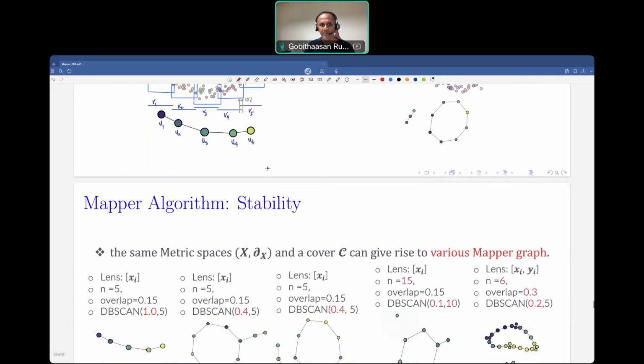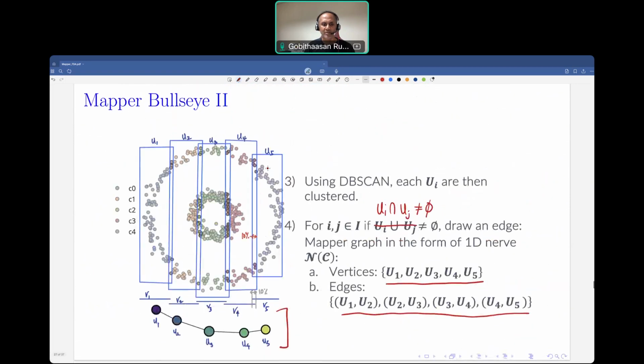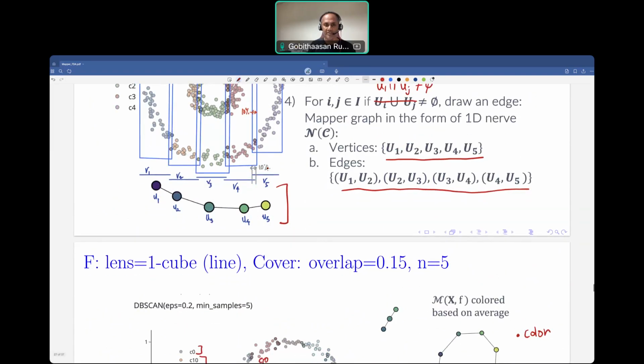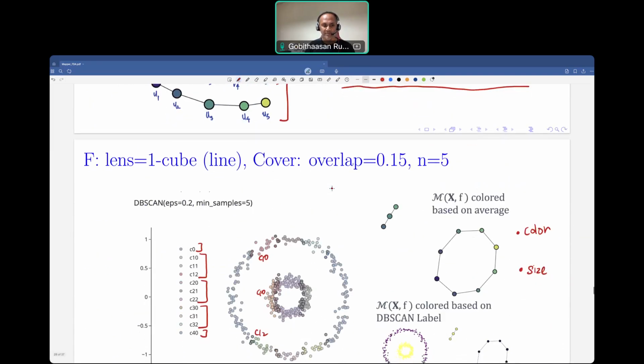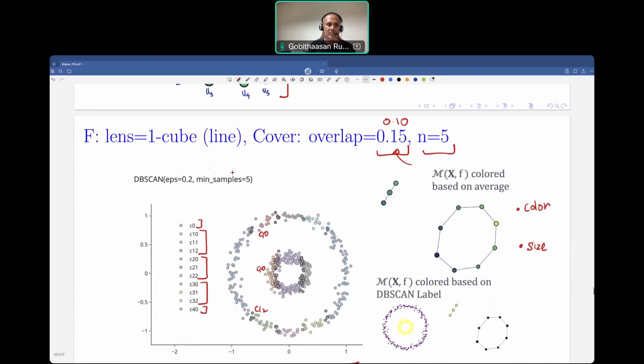Next, we're going to compare. Originally it was 1 and 5. Next we increase the overlap. We still keep the same number of covers, but we increase the overlap. The original was 0.10, which is 10%, and now we have increased it to 15%. And for epsilon, I've now reduced it to 0.2, with the same minimum sample, which is 5.